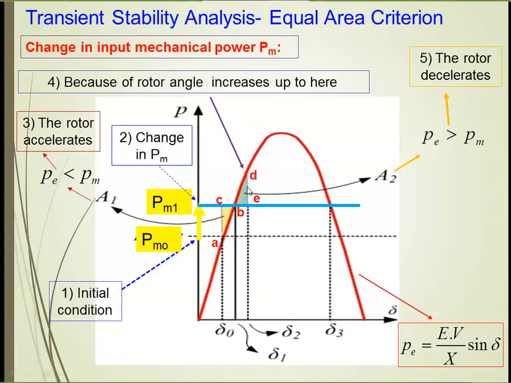So in this region, you have a deceleration because Pe becomes greater than Pm here, and thus you have two areas.